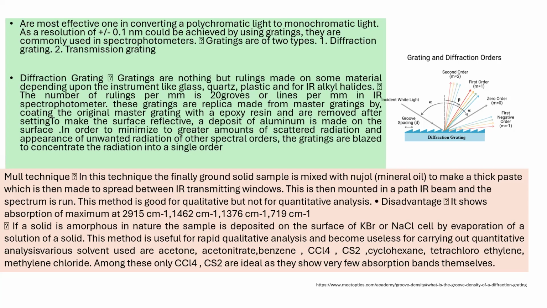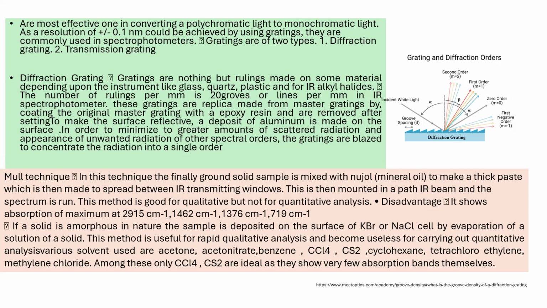So you have to have some kind of holders that are going to get placed in the IR beam path, and the spectrum is allowed to run, and the entire spectrum is scanned, for example from 400 to 4000. You have to select that.